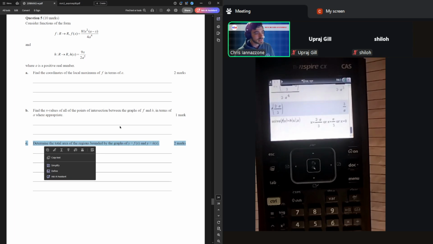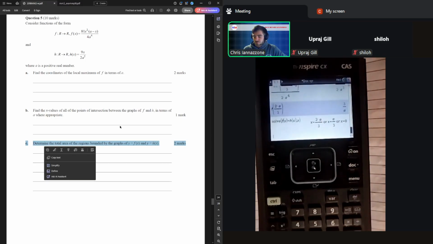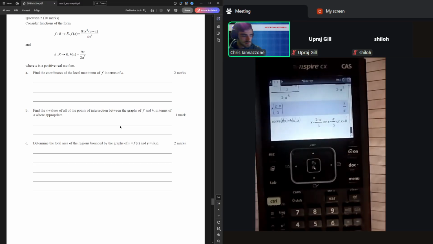One thing that's worth highlighting ahead of time is this doesn't say find total area in terms of a. So in other words, I'm reasonably certain a is going to cancel out. So even if you did leave a as a defined thing, I imagine it's not going to actually impact the solution. So this one's pretty safe to chuck into the graphing tool.